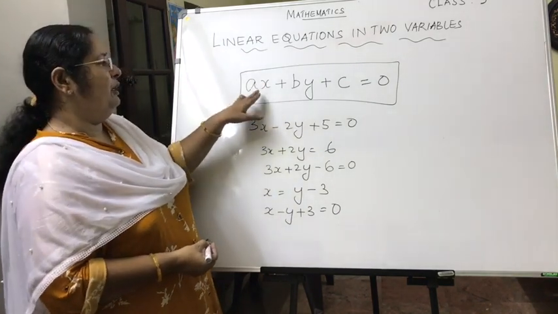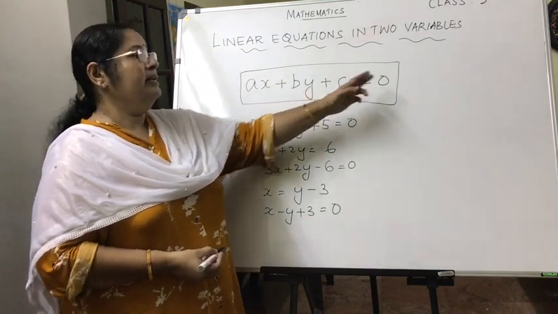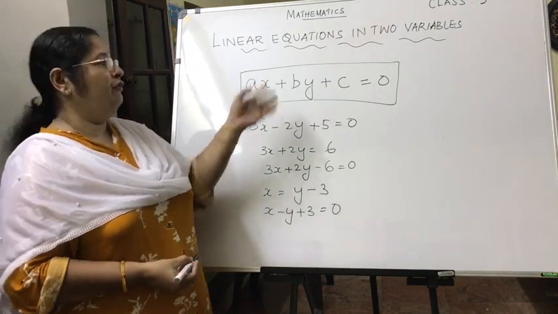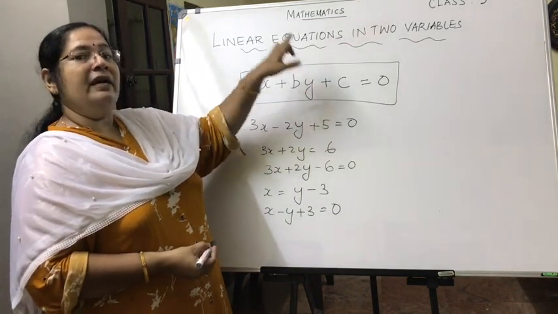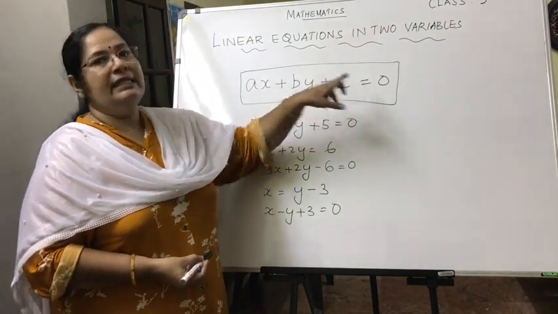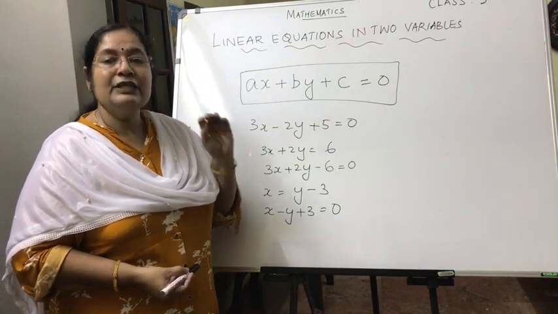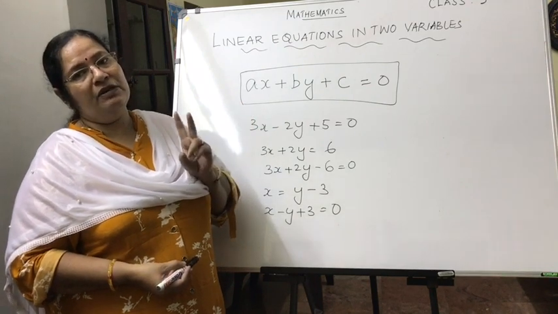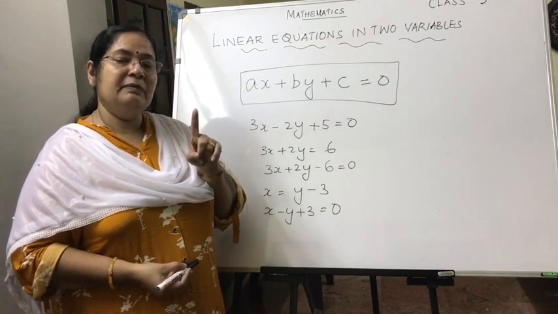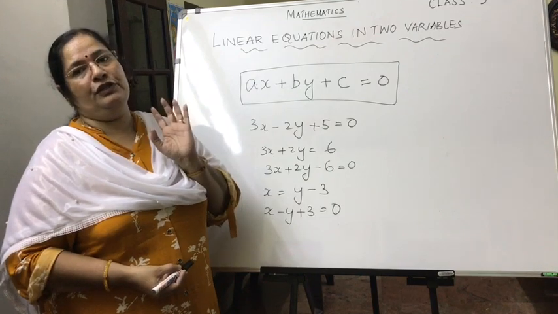If you put the value of x as this much, then the value of y should be this much, so that both sides of the equation are equal. Same thing for y also. If you put y as so much, then x should be so much, so that both sides are equal. So for a linear equation in two variables, there are infinitely many solutions, and for a linear equation in one variable, there is only one, a unique solution.